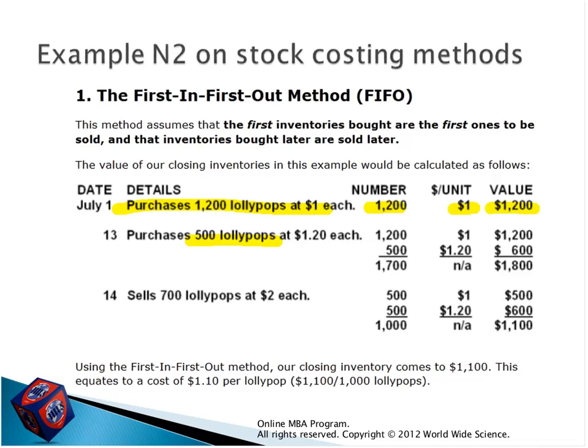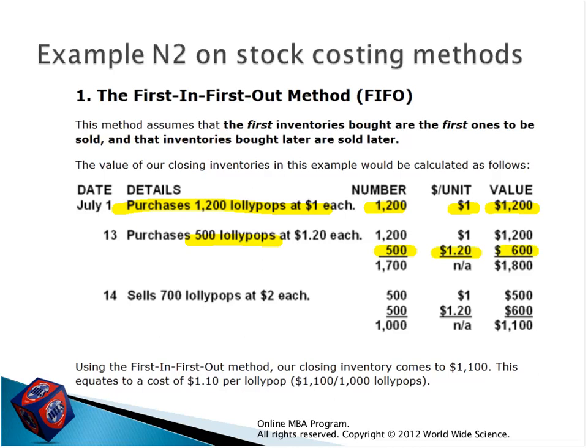She bought 500 lollipops at $1.20. So here is the calculation: she bought 500 lollipops at the price of $1.20, and it totals $600, right?